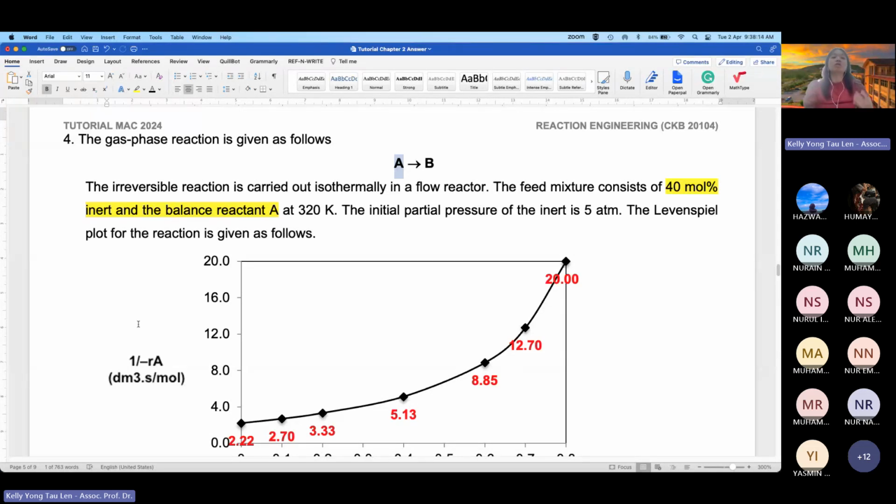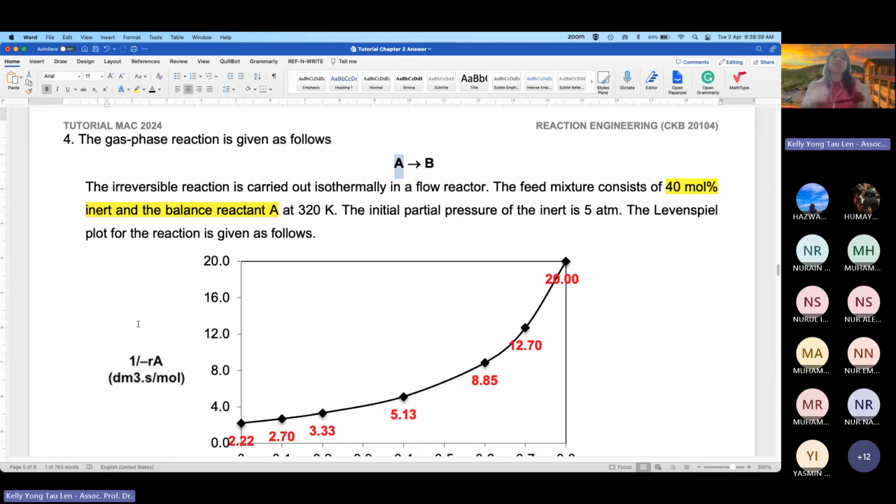Instead, I will use air, because air contains 21 mole percent of oxygen gas. But don't forget, our air only contains 21 mole percent of oxygen gas. You still have nitrogen gas, and a little bit of carbon dioxide. They will not be involved in the combustion reaction, but they exist initially in the mixture.